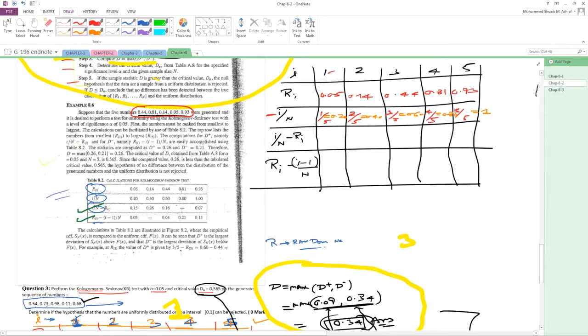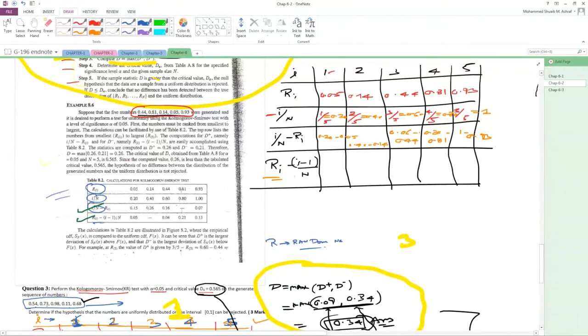Now I by n minus Ri: 0.20 minus 0.05, 0.40 minus 0.14, 0.60 minus 0.44, 0.80 minus 0.81, 1 minus 0.93.